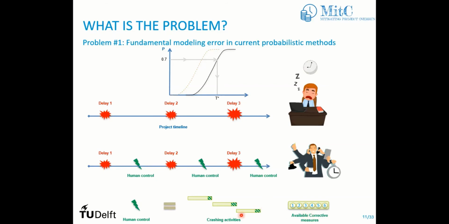So we use corrective measures in order to crash activities. And this is the human control that we usually do to reduce it. But this kind of human control is actually not represented in the S-curve, because here it's just the delay that's represented, but we don't model what a human is actually doing in real life. This is the first fundamental error that we want to solve, of course.